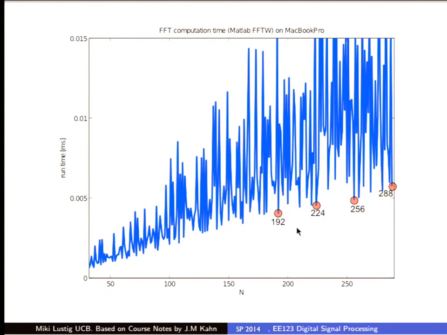So what FFT packages do now, and there are many of them: FFTW is one that's free for non-commercial use, and a lot of people use that one, but there are also other packages like it. They operate in different modes, but one of the modes is basically, I don't know which one is going to be the fastest, so I'm just going to try all of them.